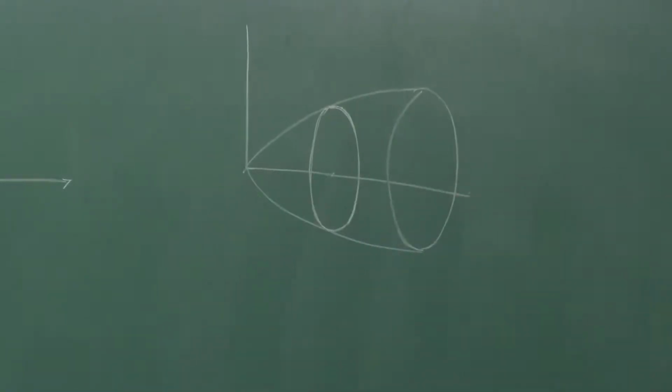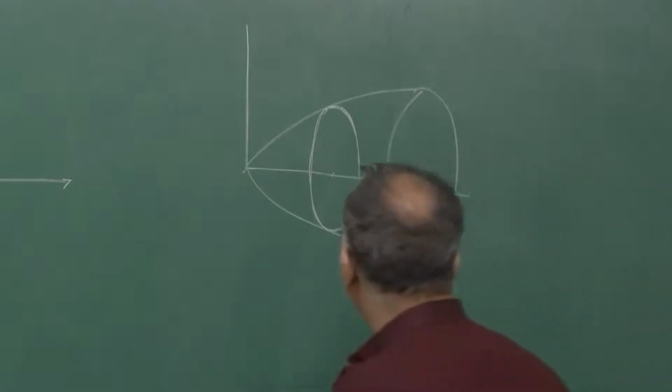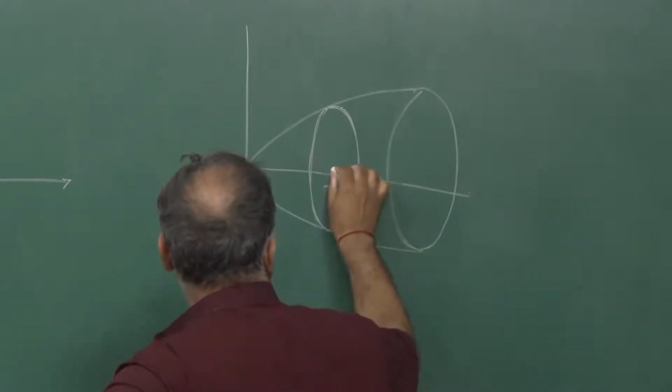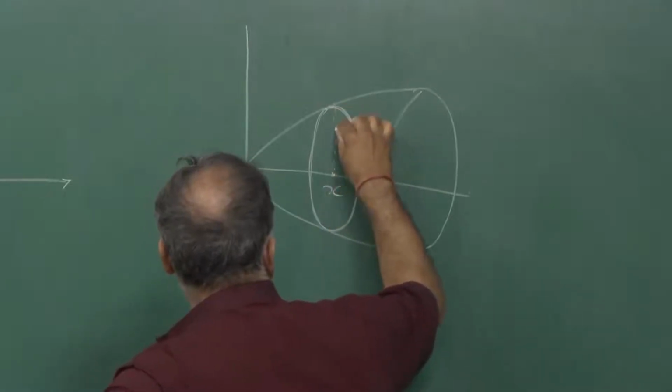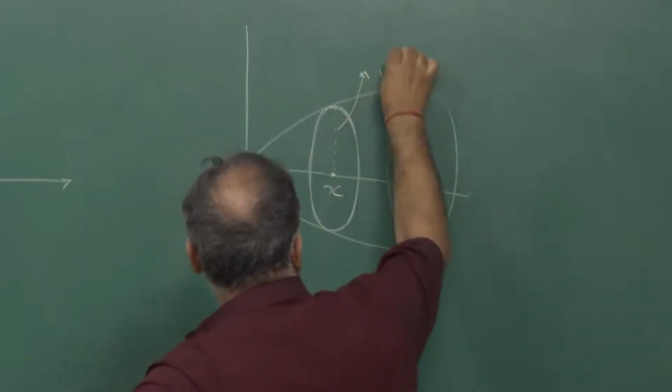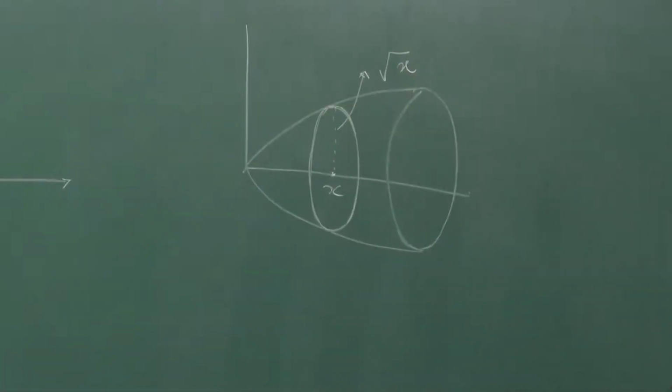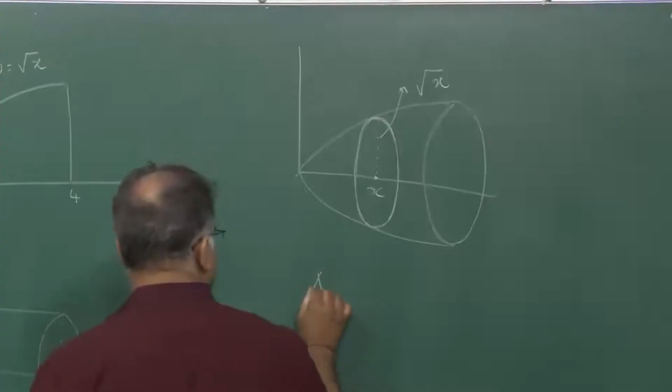Now this is your x, this is your root x. So, now you have a circular thing of radius root x. So, basically you will have pi root x square, right. So, area A of x.